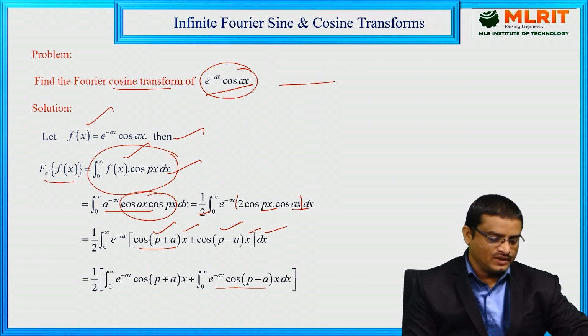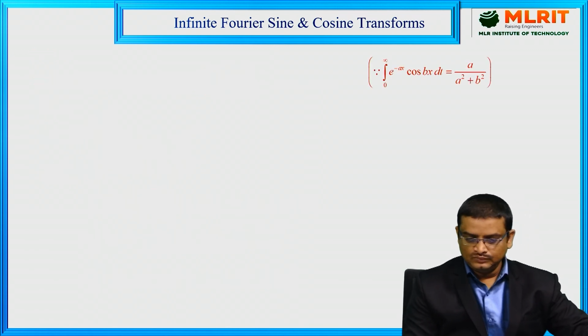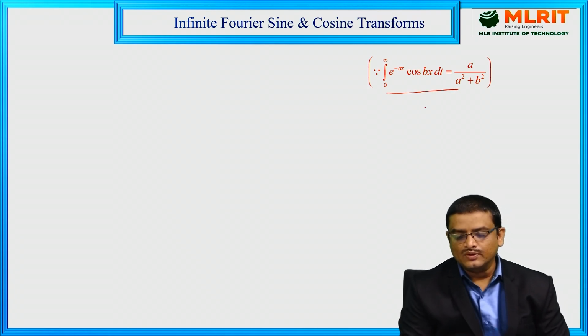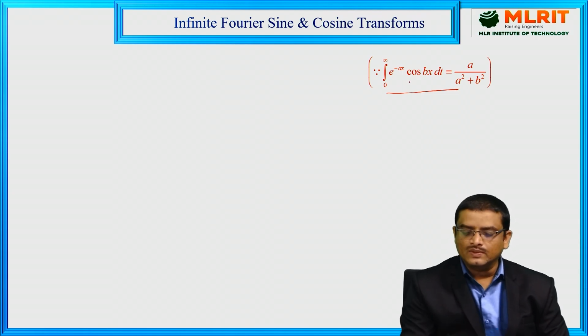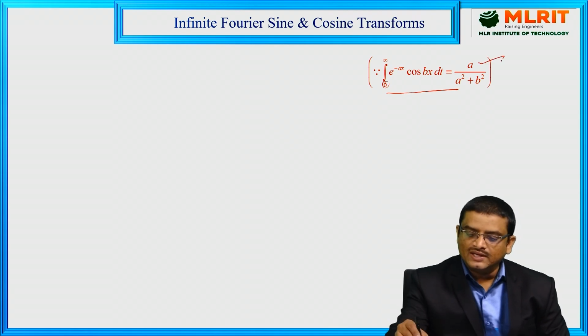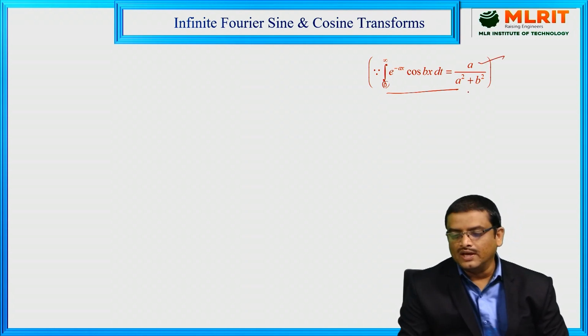Use that formula here. Whenever we have the limits 0 to infinity, we can directly take that integral value as a by a square plus b square.